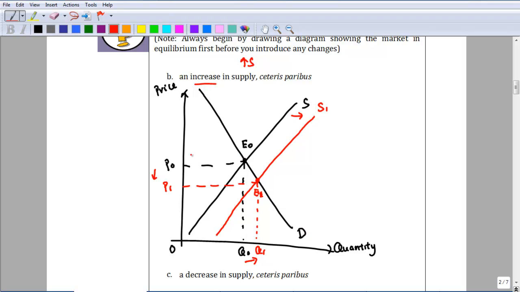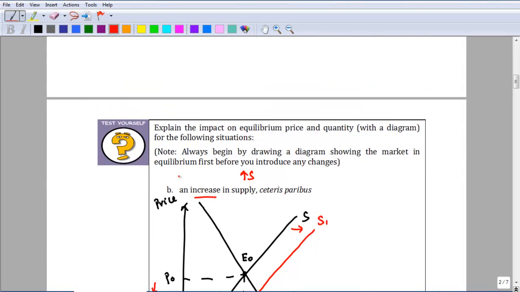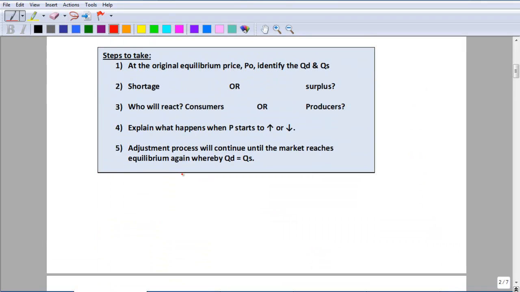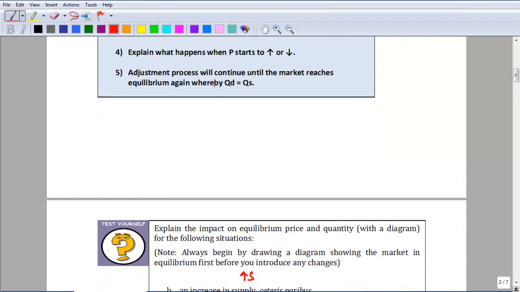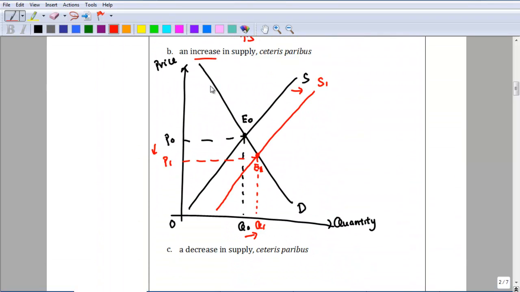Now, what actually caused this price to fall from P0 to P1? This is where we will need to use the adjustment process to help us explain. Recall we need to follow these 5 steps. First step, at the original equilibrium price P0, identify the quantity demanded and quantity supplied.